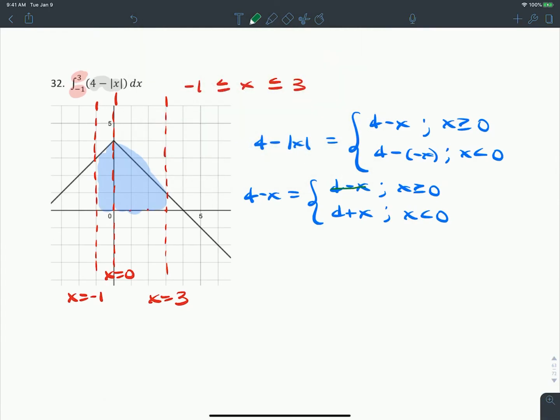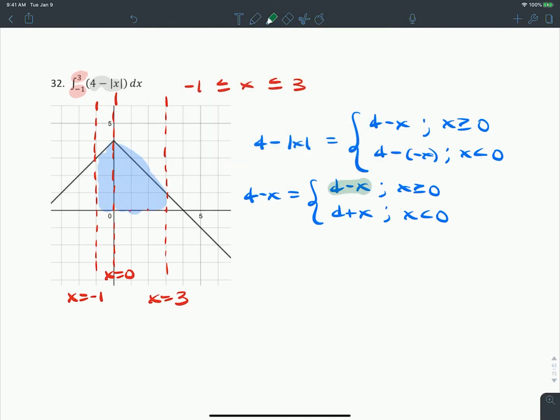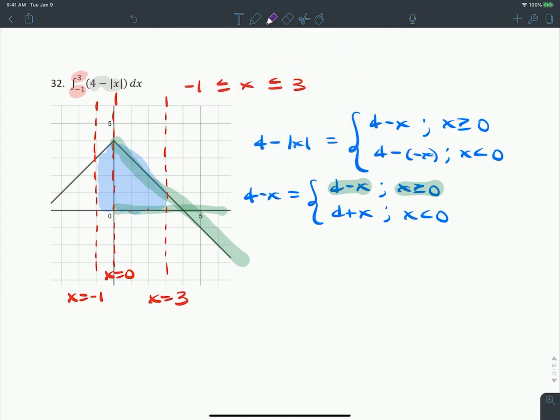The top piece, 4 minus x for positive x. So all these x values that are positive, including 0, we use this portion of the graph. That's 4 minus x. And I think I'm going to change this color and say for 4 plus x, for the negative values to the left of 0. This is the graph we use.